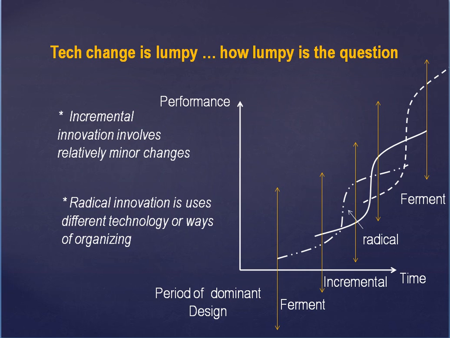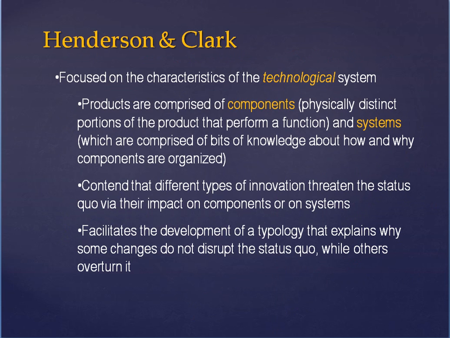With radical innovation, when we see the sharp changes, what's going on here is that we're seeing truly different ways of organizing or of implementing technologies. So in periods of radical change in particular, all bets go off the table, particularly difficult to predict.